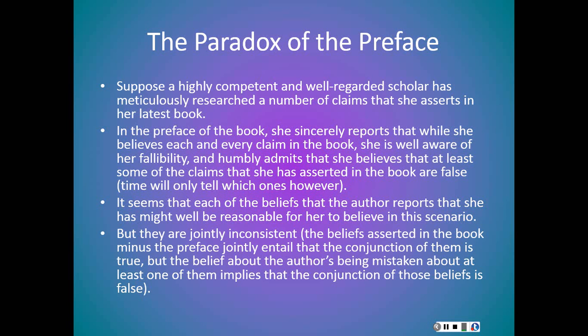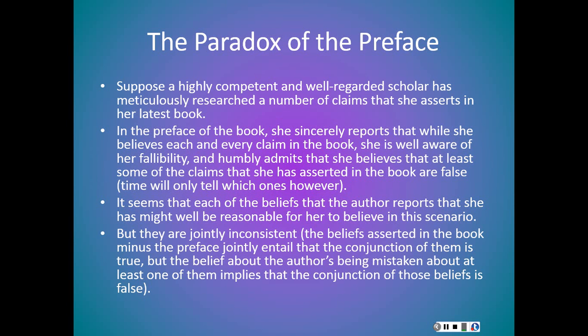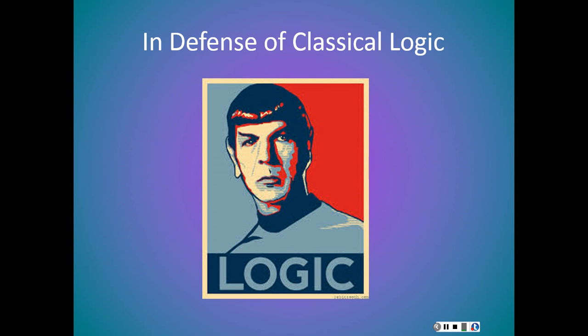She could infer the entire conjunction of those beliefs just by repeated application of conjunction introduction. But the belief that she reports in the preface implies that at least one of those beliefs is false. So her beliefs are contradictory. Nevertheless, it seems perfectly reasonable for her to hold each of these beliefs.